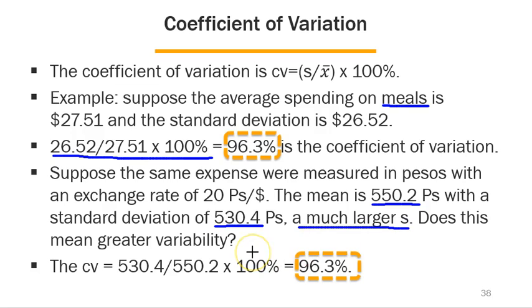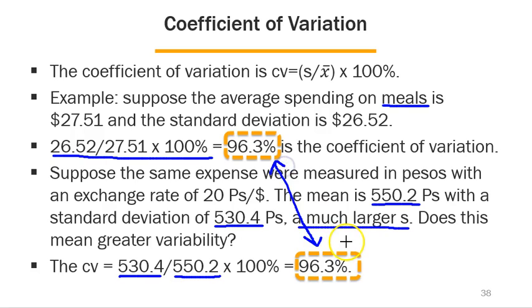Does this mean greater variability? That's what one of the comments was, going back a minute or so ago. Does this suggest greater variability? Well, for the coefficient of variation, we get the 530.4 over the 550.2. We measure that out, and we get the same coefficient of variation.